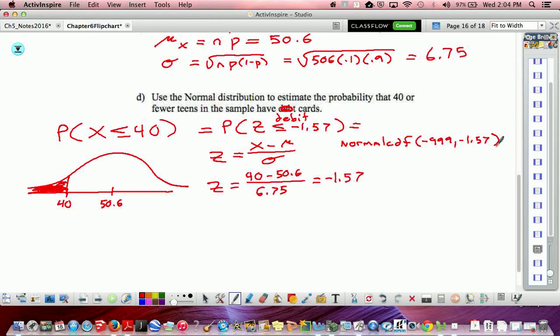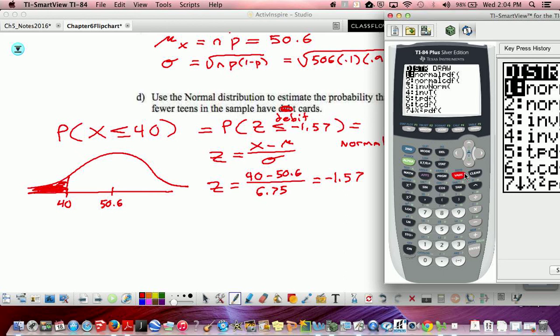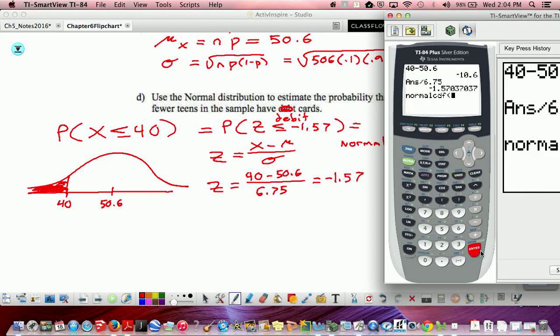See how close Carter was. I am saying he was about 15% off. That's pretty good for a guess. Normal CDF, negative 999 to negative 1.57, 0.0582.